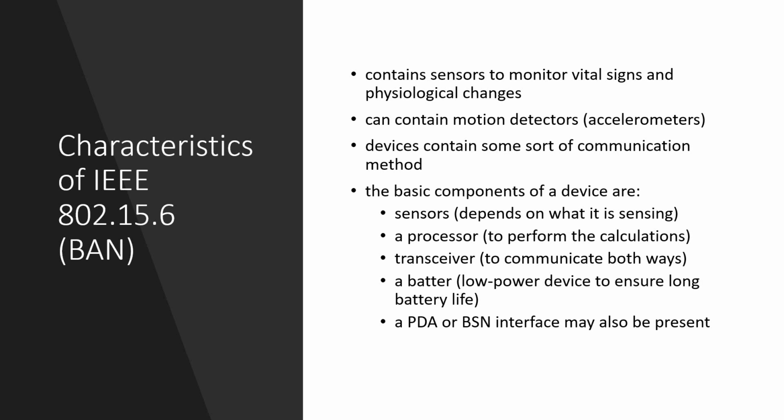And it needs a battery because it's a low power device, so it needs a long battery life, so that the battery doesn't run out in the middle of, let's say, an important procedure. The interface can be a PDA or personal digital assistant, or a body sensor network interface may also be present.